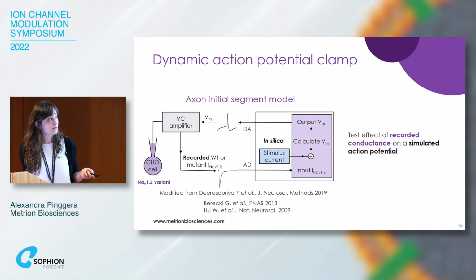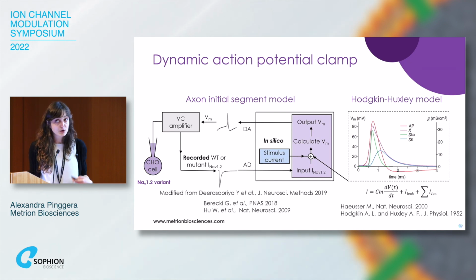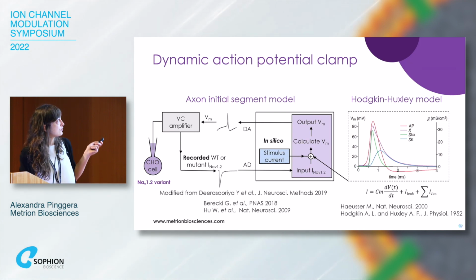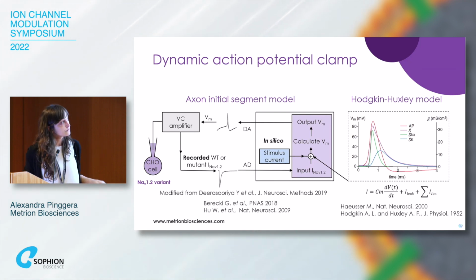The model itself is based on the Hodgkin and Huxley formalism to describe the action potential waveform, and it contains a leak conductance, a sodium conductance, and a potassium conductance. Now what we are doing is replacing the sodium conductance of the model with our sodium current from our recombinant cell.